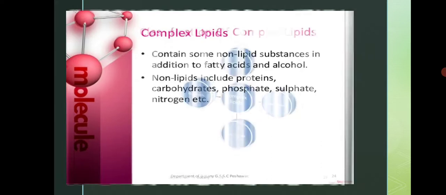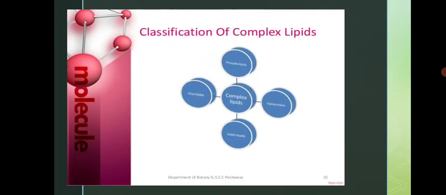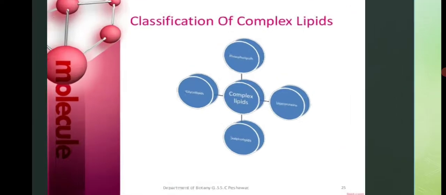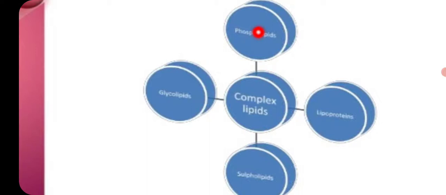Those are the complex or compound lipids. These are divided into 4 categories: phospholipid, glycolipid, sulfolipids and lipoproteins.